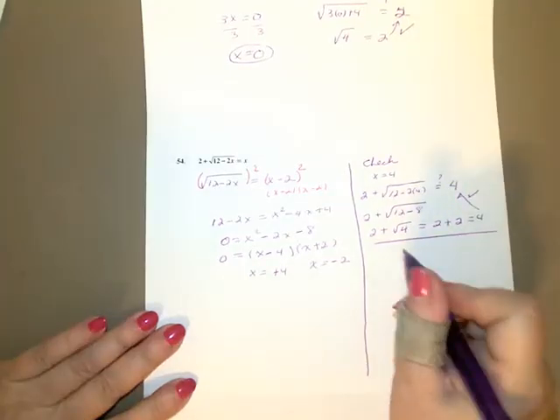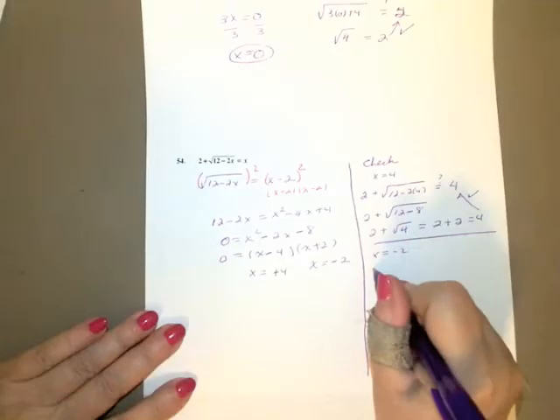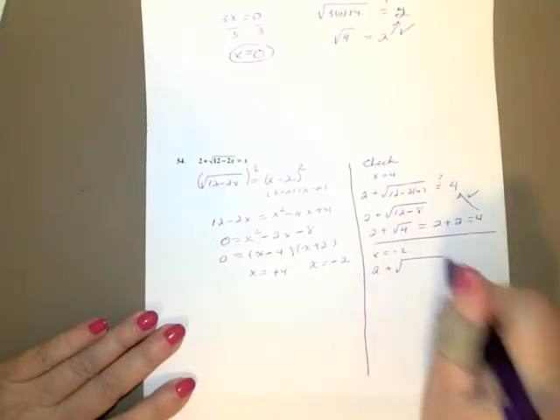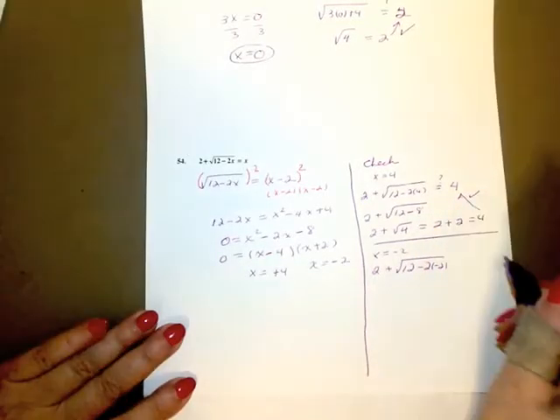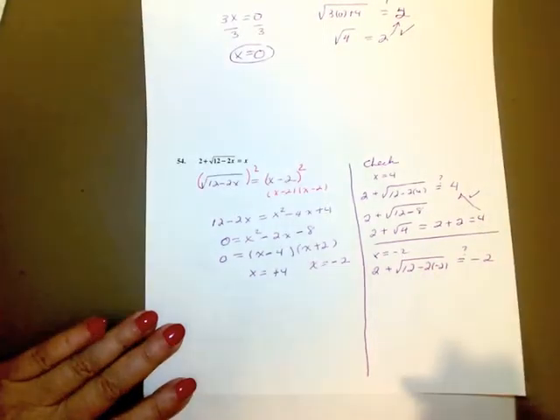Is it true that if x equals negative 2, then 2 plus the square root of 12 minus 2 times negative 2 equals negative 2? So that's a question.